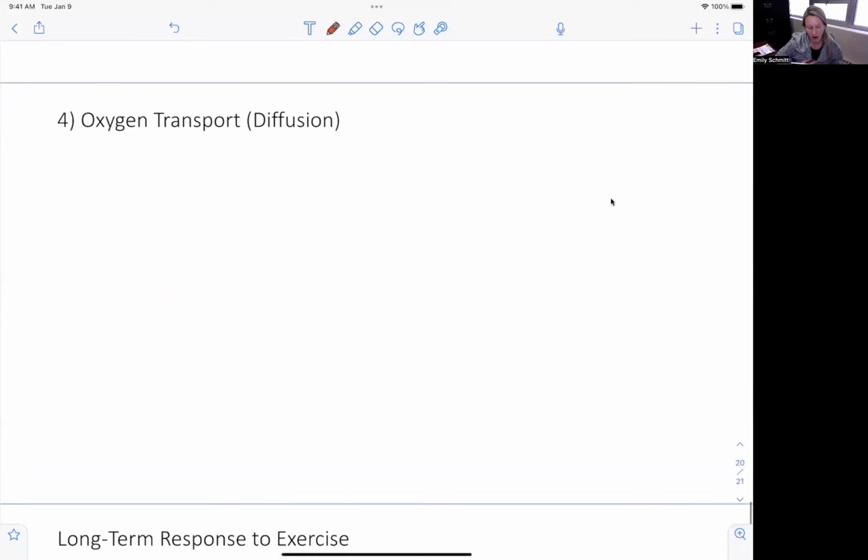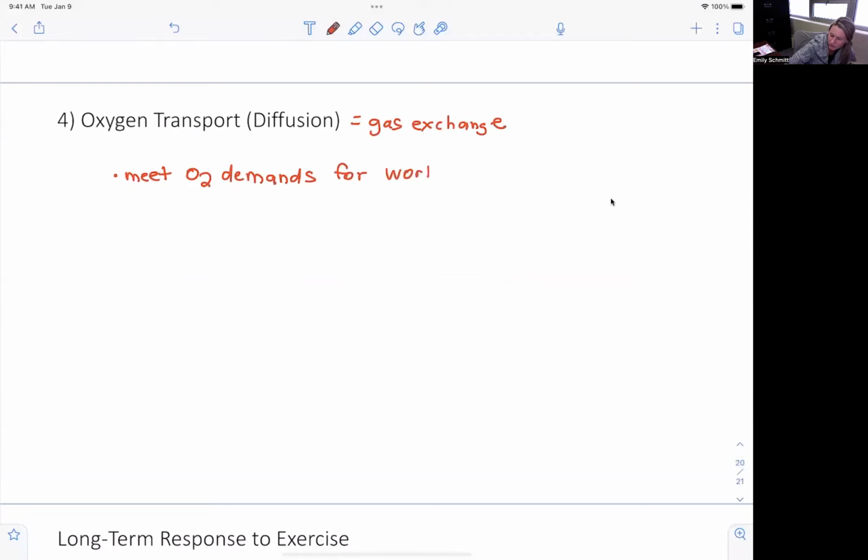In talking about oxygen transport for diffusion, we are talking about gas exchange. What we want to do is meet oxygen demands for our working muscles.